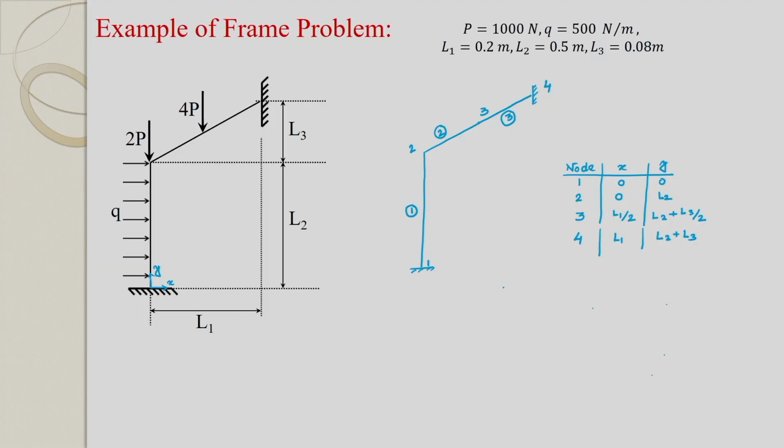Therefore, for the ith node, the associated global degrees of freedom are 3i minus 2, 3i minus 1, and 3i.